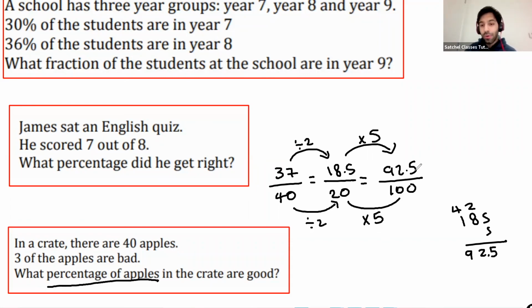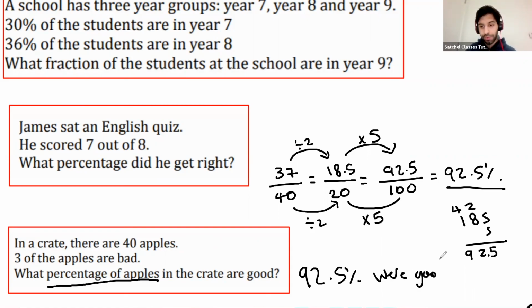So 92.5 out of 100 is equal to 92.5%. So again, I have a decimal as part of my fraction, but that's not my final answer. That's just part of the process that I'm carrying out to get to my answer. So my answer is going to be 92.5% were good.